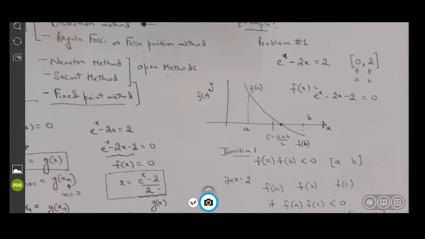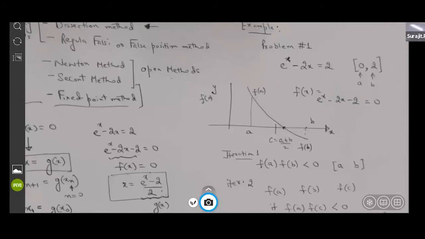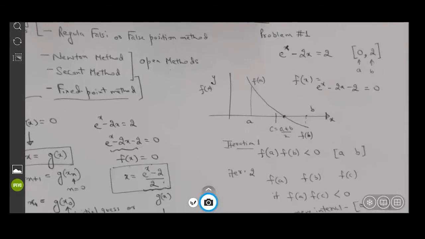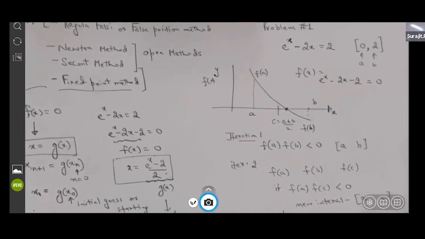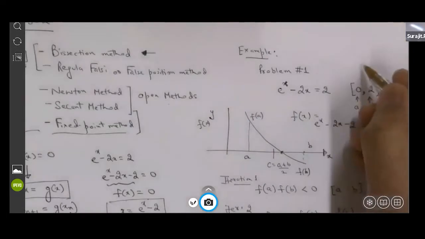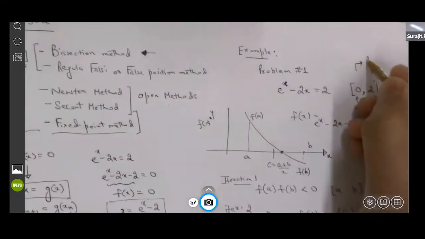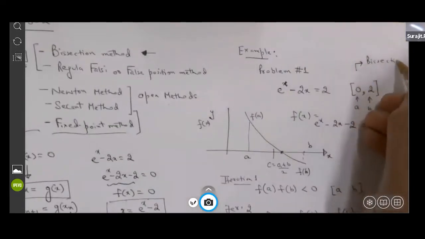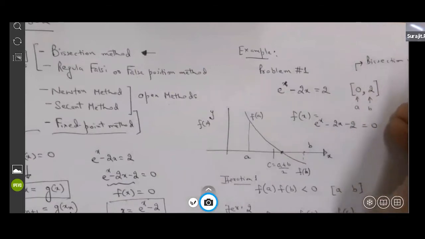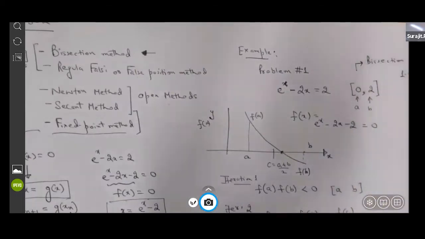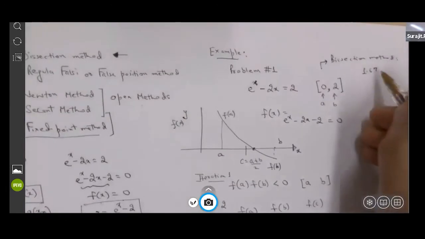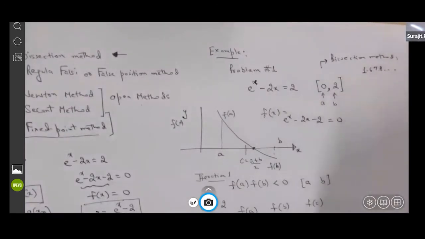It was around 1.6 or 1.7, somewhere around there. 1.6783. Yes, perfect. So that was around 1.6783 using the bisection method. You were getting some number, 1.67 something, which I don't remember now, okay?